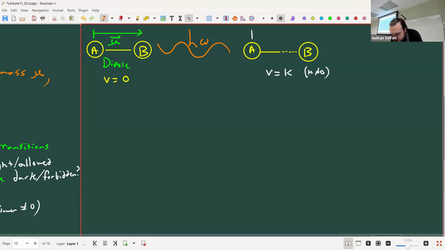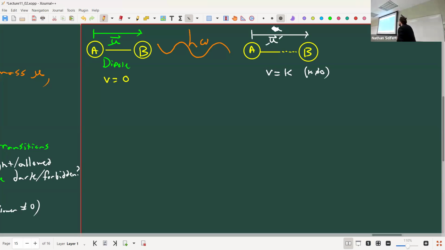Okay, so the dipole moment may be different. Dipole may change. Remember, dipole has something to do with how much the negative charge and the positive charge are separated from each other. So as you stretch the molecule, it may get larger or smaller depending on how the molecule is arranged.